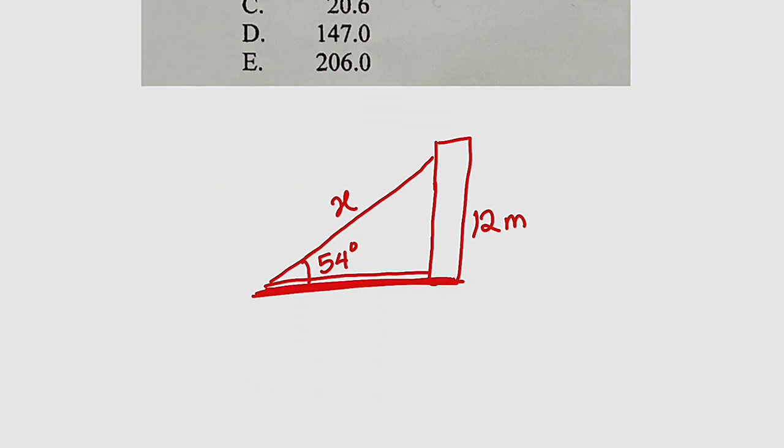So traditionally, we don't expect this ladder to lean against this vertical pole at the top, but somewhere within the middle, right? But well, let us just find the value of x. You can see that this is hypotenuse, this is opposite. Sine of that angle, which is 54, is equal to what? Opposite divided by the hypotenuse.